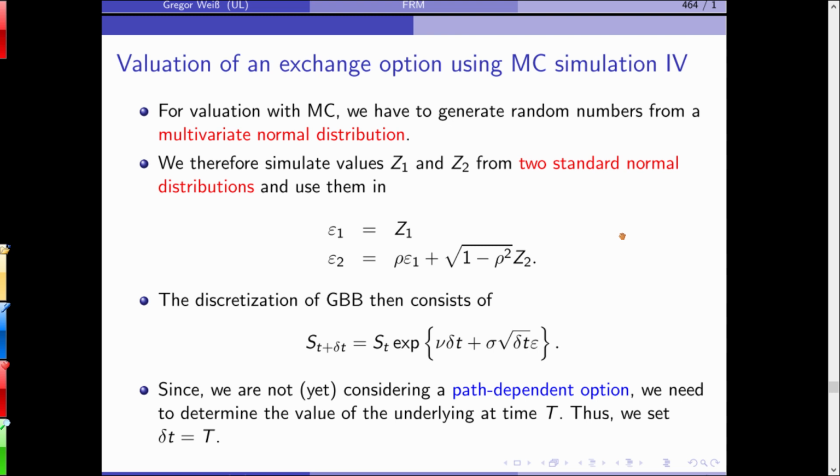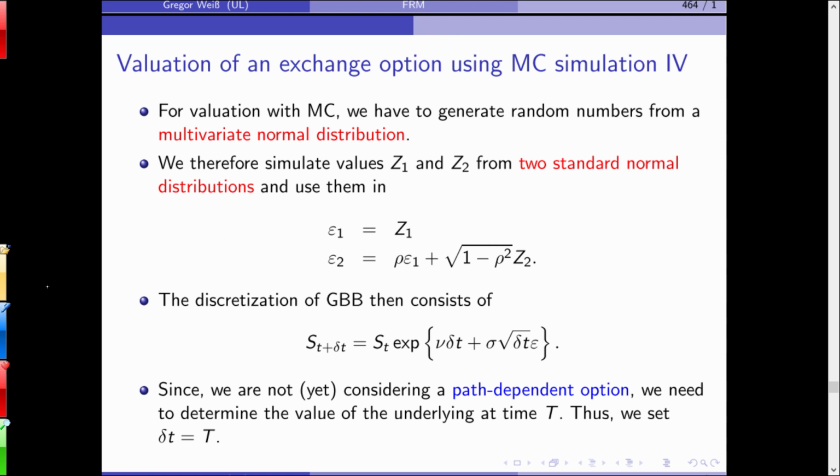And then we know to discretize the geometric Brownian motion, we take St times exponential function of mu delta t plus sigma square root delta t times epsilon. We insert it, and this is obviously the reason why it's still a plain vanilla option. The price of the option at maturity, the payout, is not path dependent.